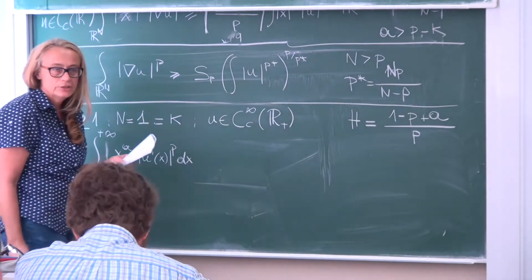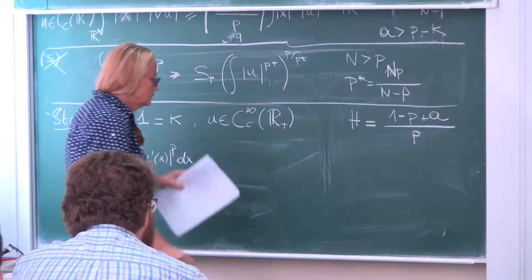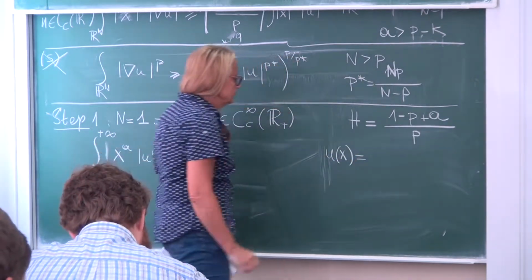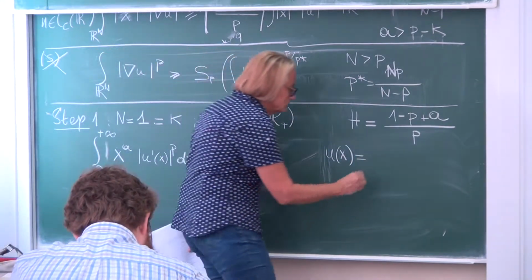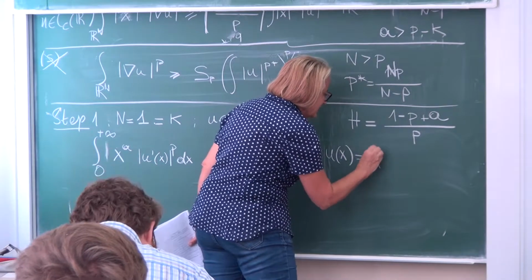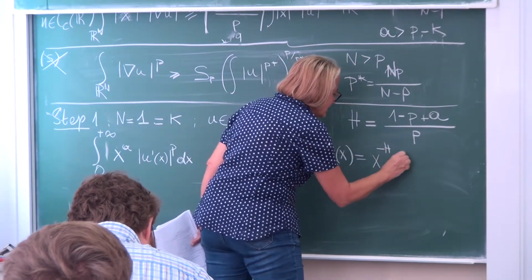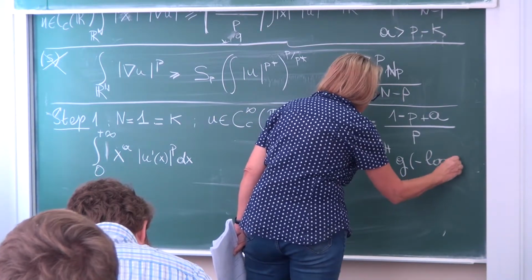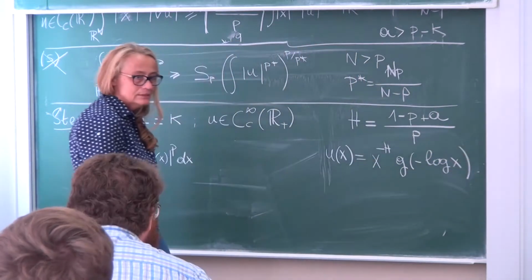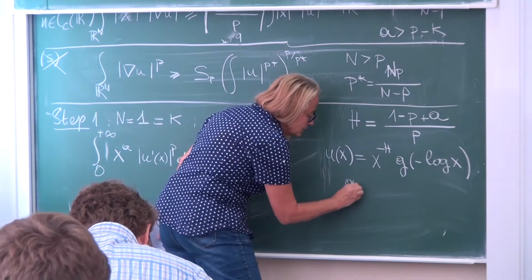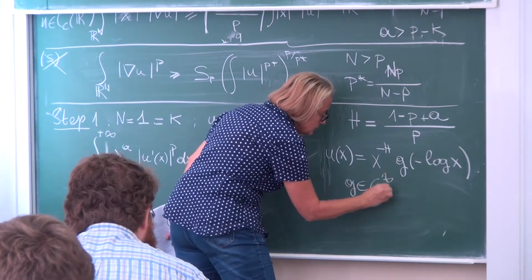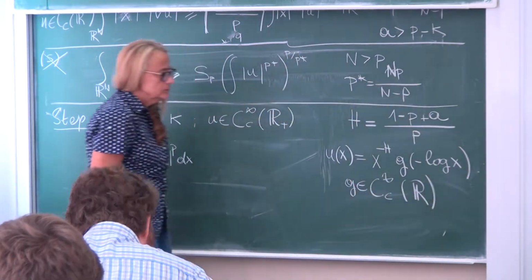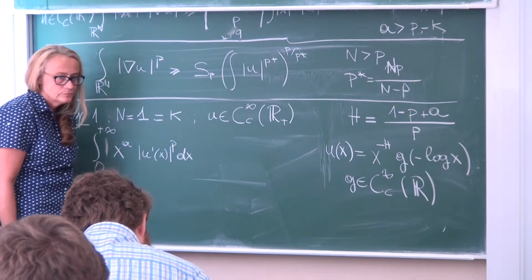Now, the h I used before with n equals 1, and I use the Emden-Fowler transform. That is, I transform this function u into a function g on the real line, so that g is a C infinity function with compact support in R.